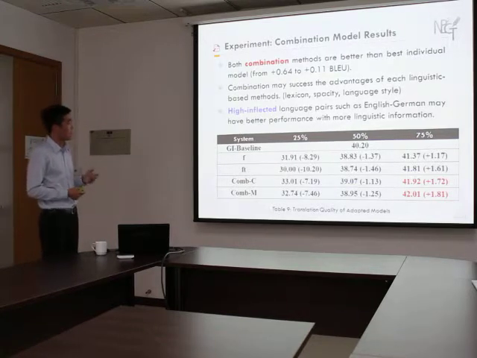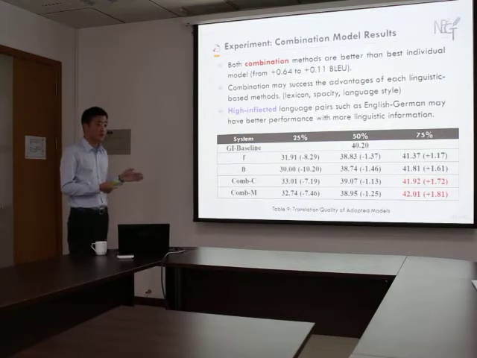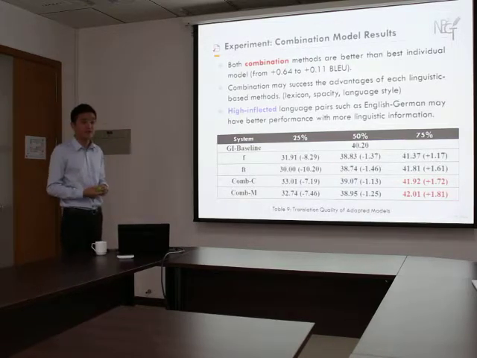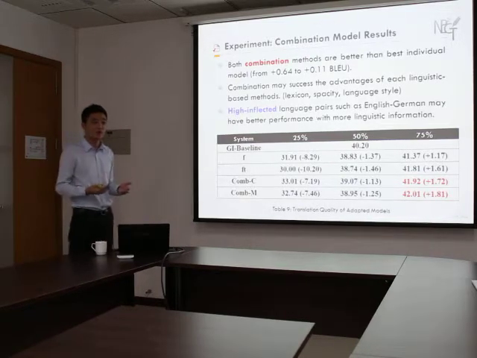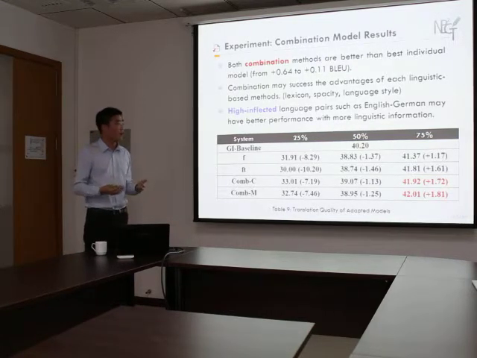And I guess if this method is applied to highly inflected language pairs, such as English to German, it will get better performance, because for these language pairs we can use more useful linguistic information, for example the stemmer, the lemma, and so on.